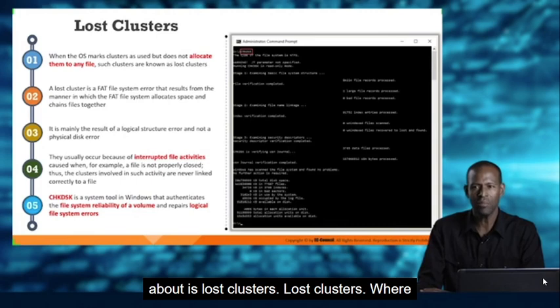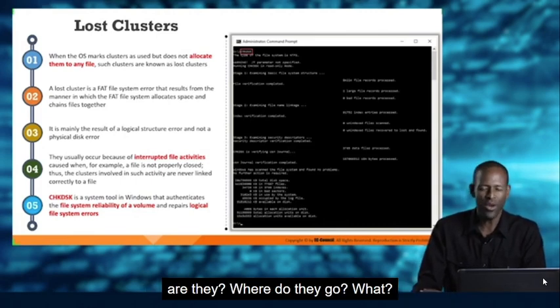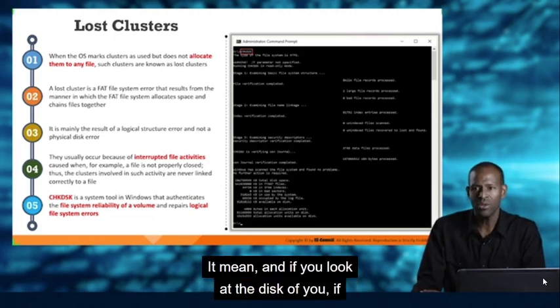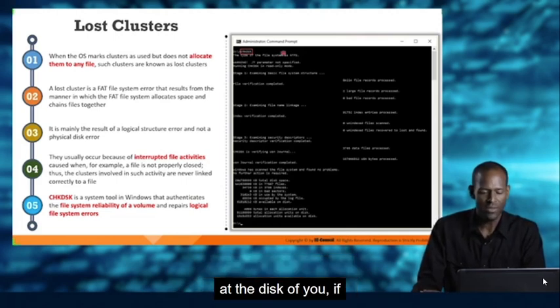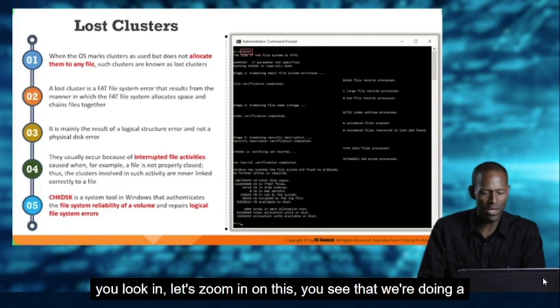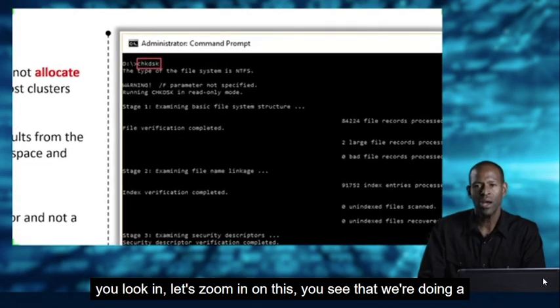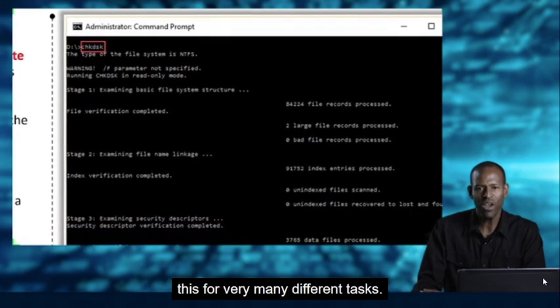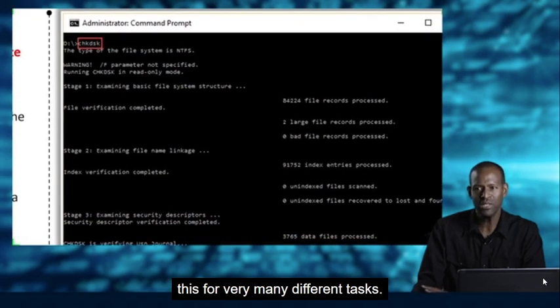The next thing we talk about is lost clusters. Lost clusters, where are they? Where do they go? What does it mean? And if you look at the disk, let's zoom in on this, you see that we're doing a check disk. With a check disk, you can use this for very many different tasks.